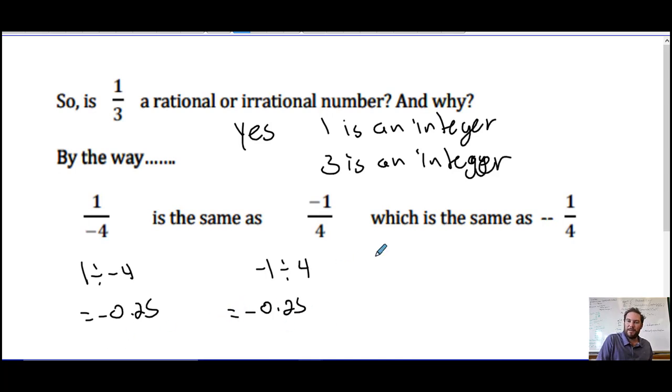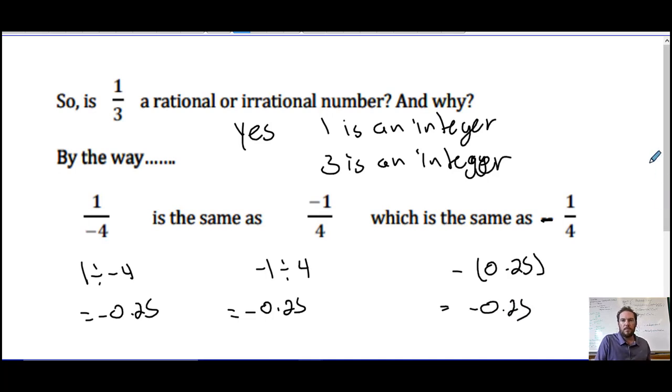Notice I get the same result. So what that means is that these two are actually the same fraction. Having my negative in the denominator or in the numerator gives me the same result. So we simplify that by writing it simply as the negative of 1/4. The negative of 1 divided by 4, which is 0.25, which again is -0.25.